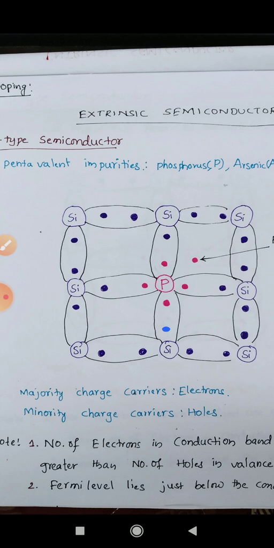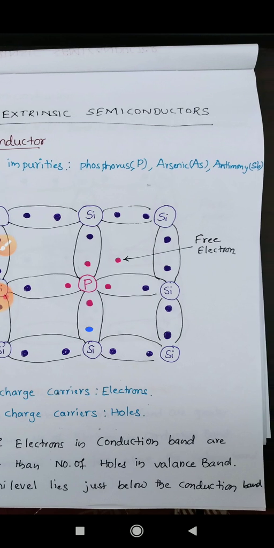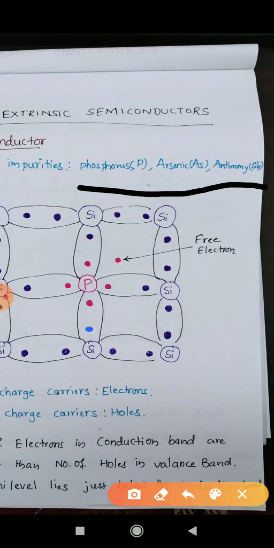Now in N-type semiconductor, we use pentavalent impurities. Penta means 5. They contain 5 electrons in their valence orbit. The examples for pentavalent impurities are phosphorus, arsenic, antimony.